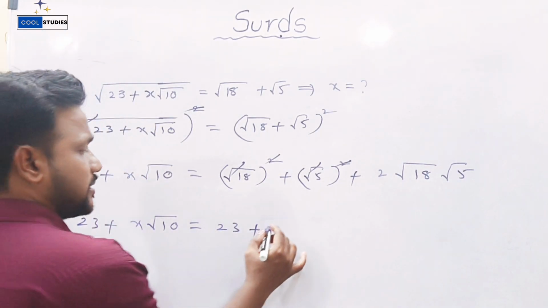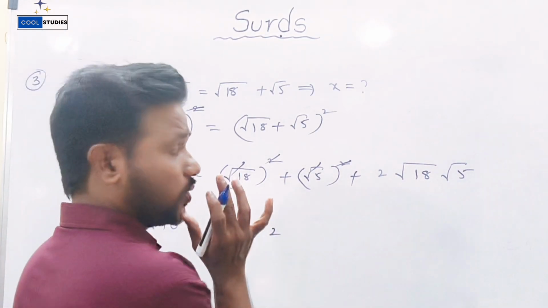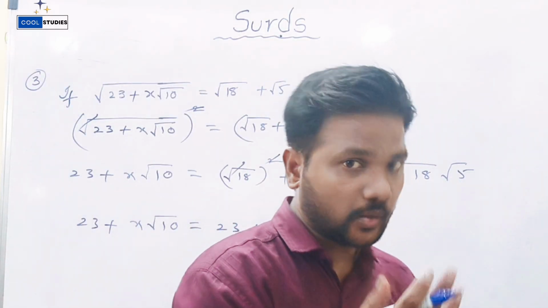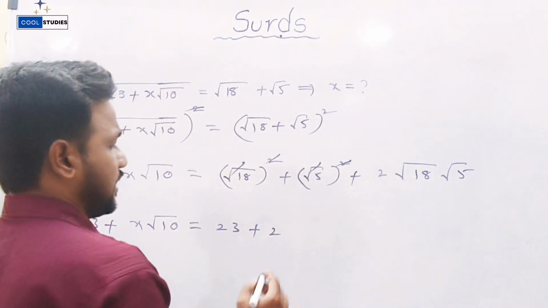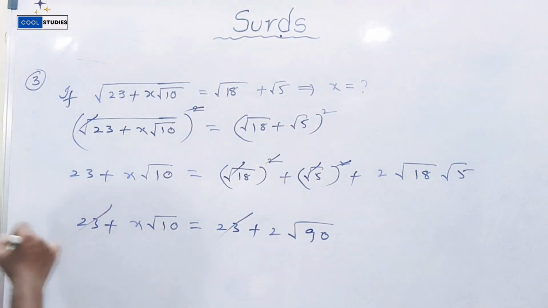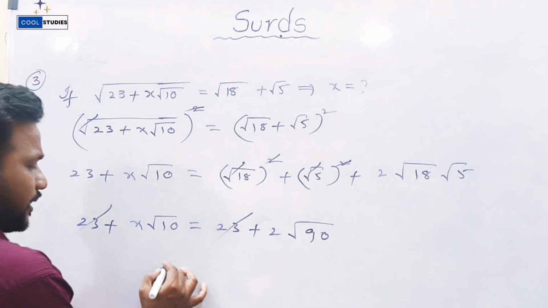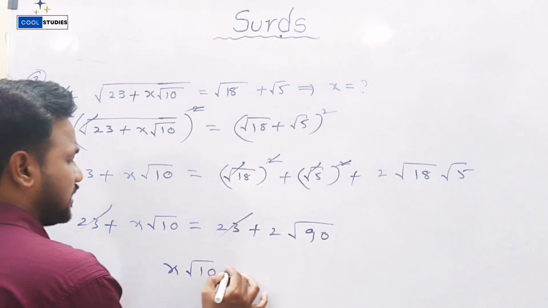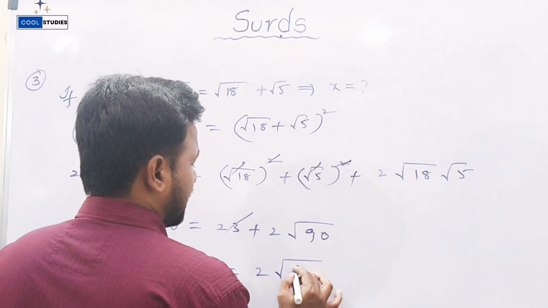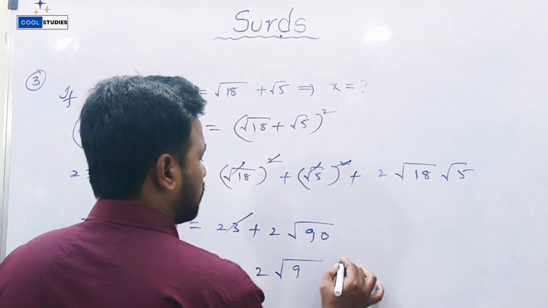18 plus 5. Again, what do we get? 23 plus 2 into √a into √b. What can we write? √ab. 18 5s are 90. 23 cancels here. x √10 is equal to 2 into √90, which can be written as 9 into √10.